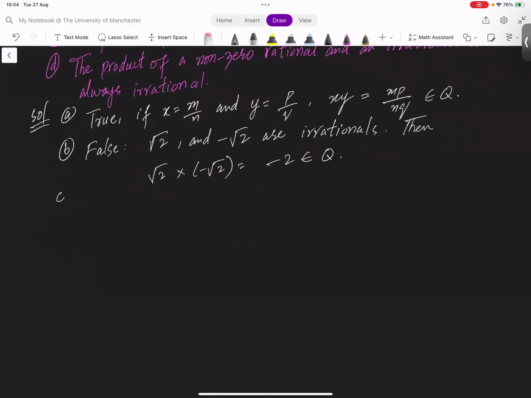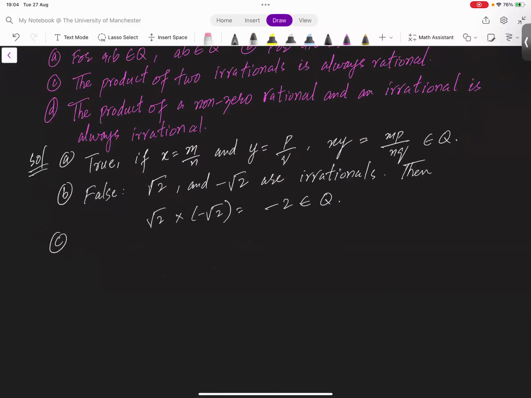So number 3, C, the product of two irrationals is always rational, which is again false. Not always rational, sometimes rational, by B. So the product of two irrationals, let's take the irrationals under root 2 and 1 plus under root 2.